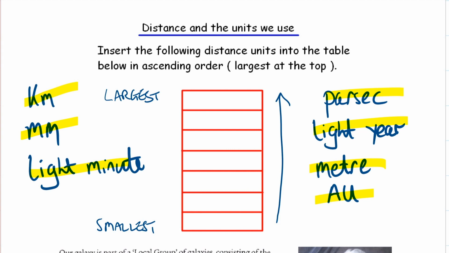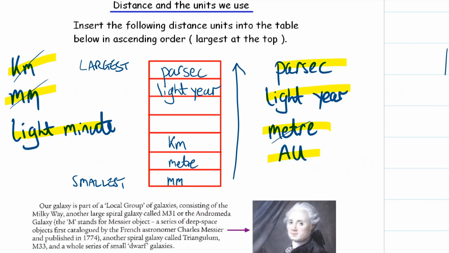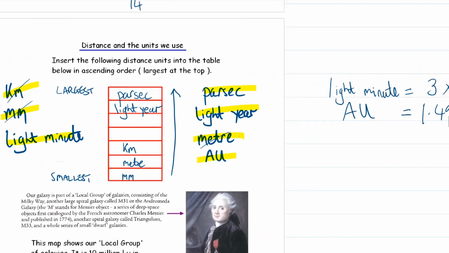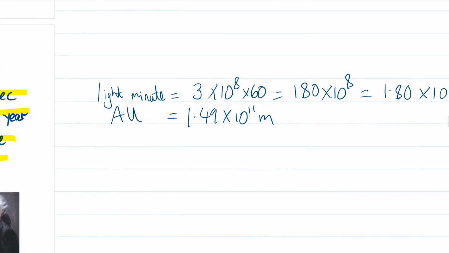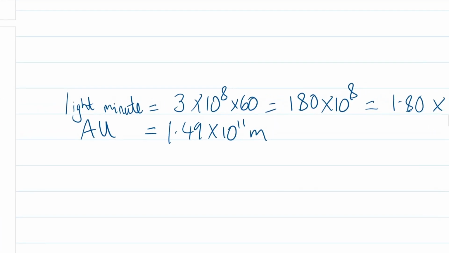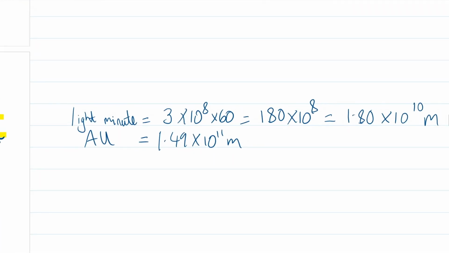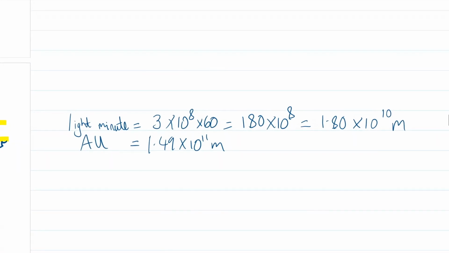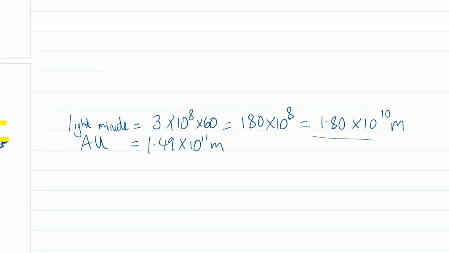I'll start, just in case you're not sure what to do. I'll pick the easy one, millimetres. You go for it. Now, you would have been able to fill it in so far. Then when you get to light minute and astronomical unit, there's not much between them. An astronomical unit is 1.49 times 10 to the 11, and a light minute is 1.8 times 10 to the 10.